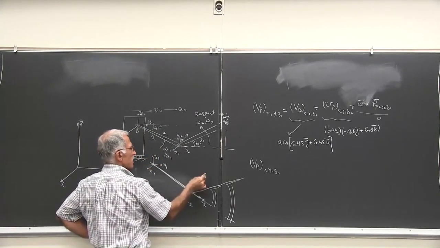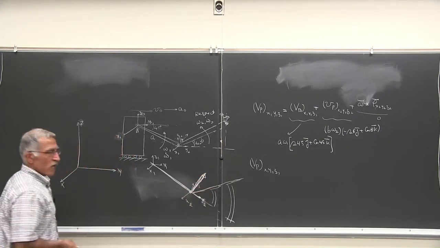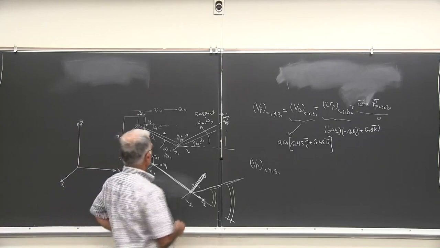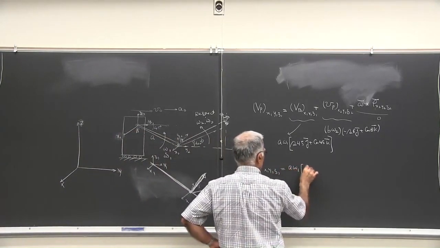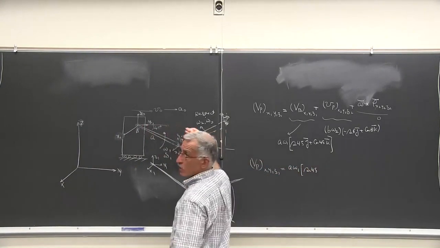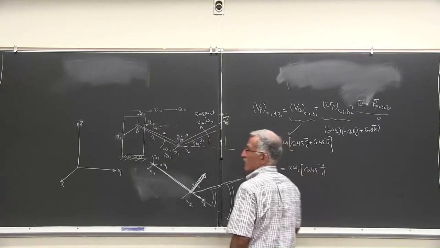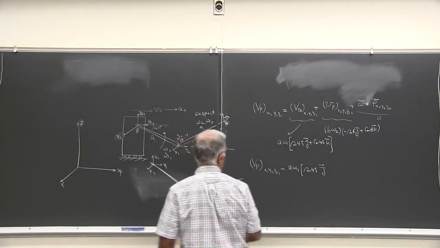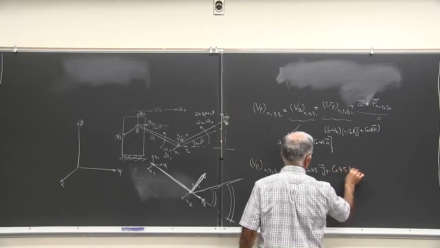That has nothing to do with the arm. That is still omega 1 sine 45 j, and this time we call it capital J. So you understand that's a little bit different. Plus cosine 45 capital K.